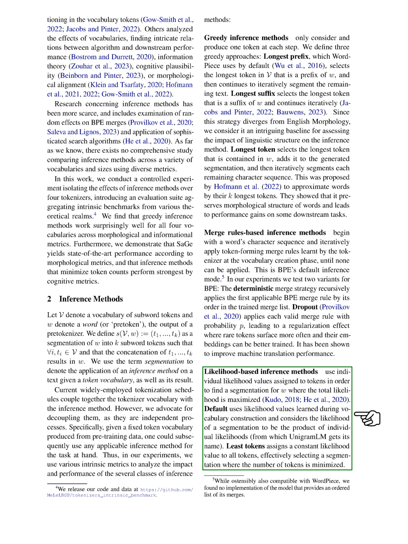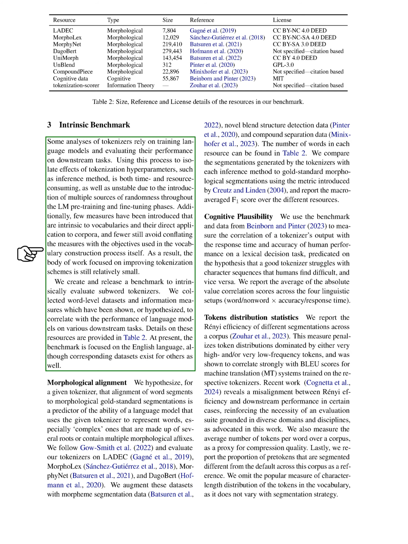We also introduce an intrinsic benchmark. Often, the analysis of tokenizers involves training language models and assessing their performance on various tasks. However, this method of isolating the effects of tokenization parameters, like the inference method, can be both time-consuming and resource-intensive.